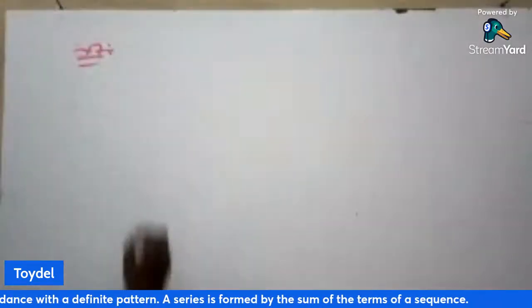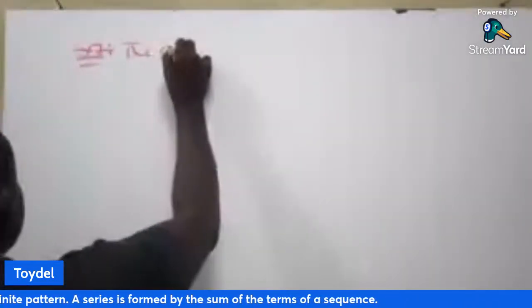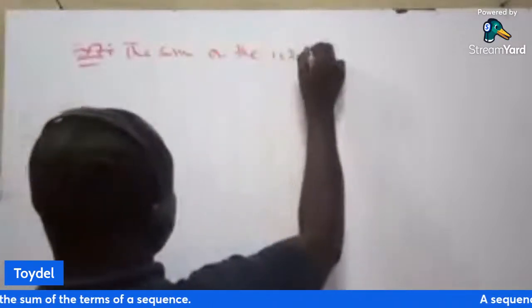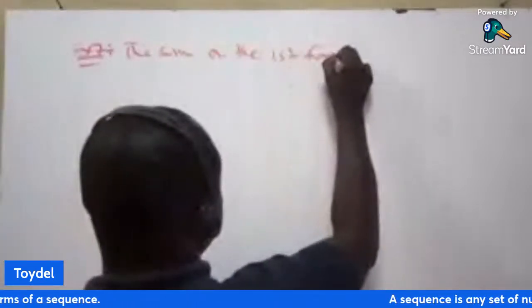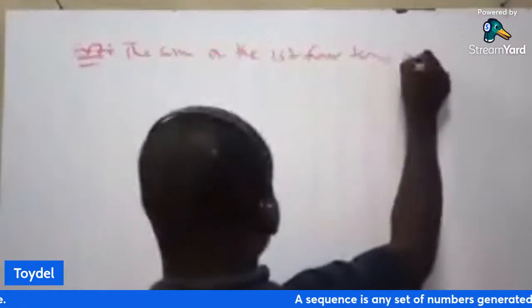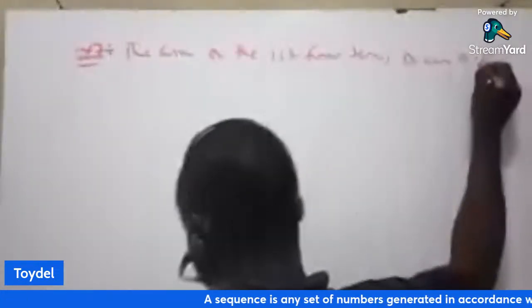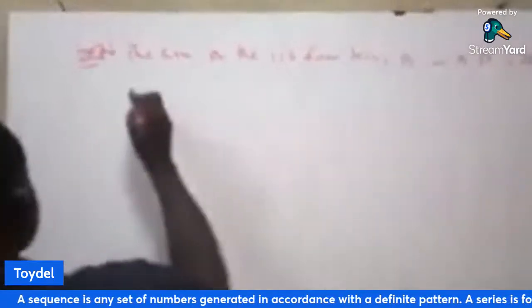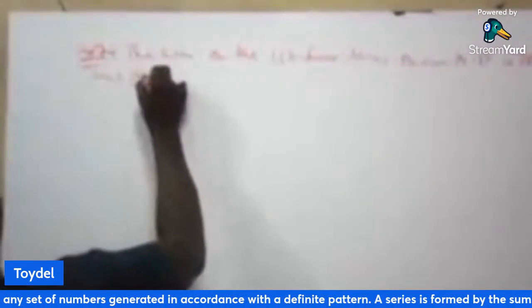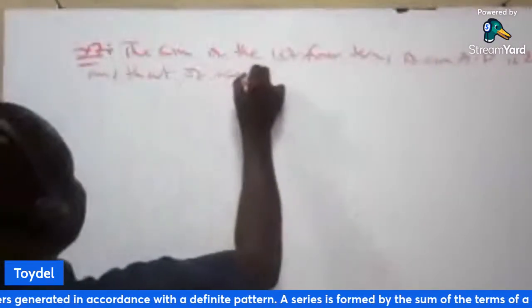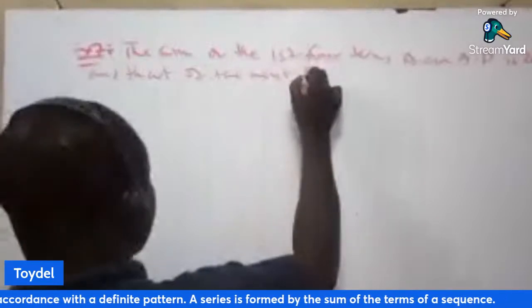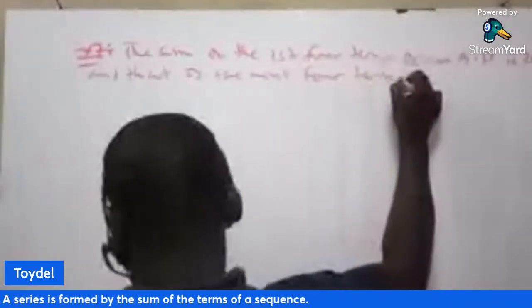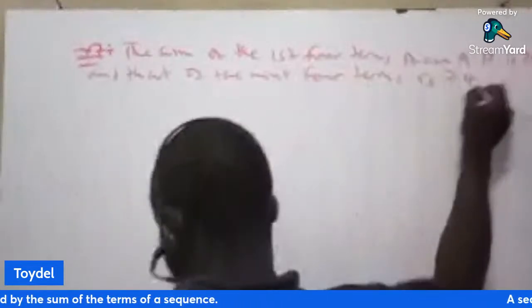So in this case now, we are given that the sum of the first four terms of an AP is 26, and that of the next four terms is 74.